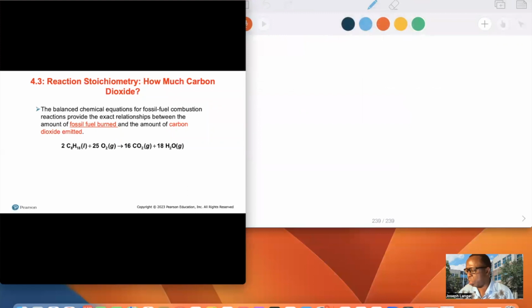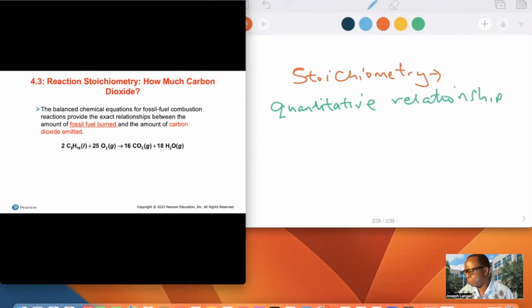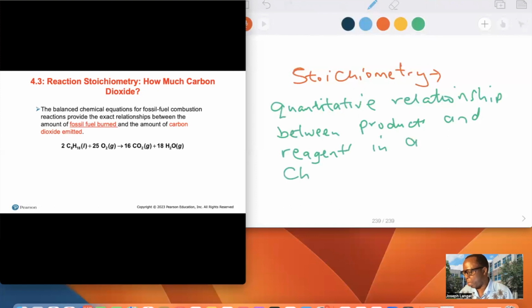I'll simplify this as the quantitative relationship between products and reagents or reactants in a chemical equation.